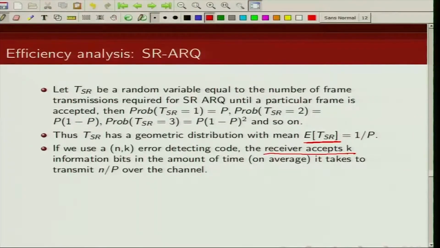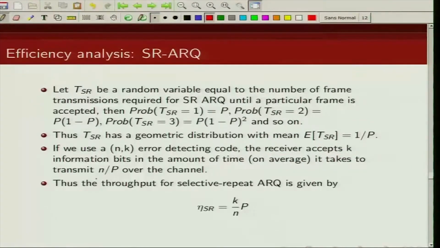So the receiver is accepting K information bits over the time it takes to transmit N divided by P over the communication channel. So the throughput is given by K divided by (N divided by P), which is this. So for a selective repeat ARQ scheme, the throughput is given by (K by N) times P.